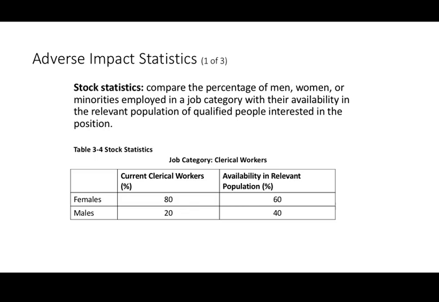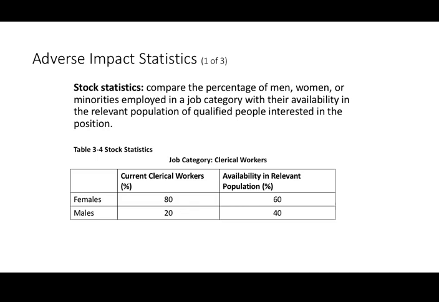There are significantly more women in your organization in clerical positions than there are in the relevant population. So there's no discrimination against women there, but is it possible there may be discrimination against men? One way that you would check this is to take 40%, the selection rate of people in the relevant population, times 0.8, which is 80%, and that equals 32. So 4/5 of 40% is 32.